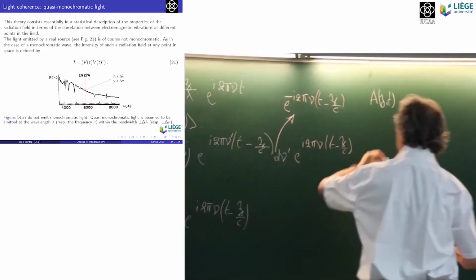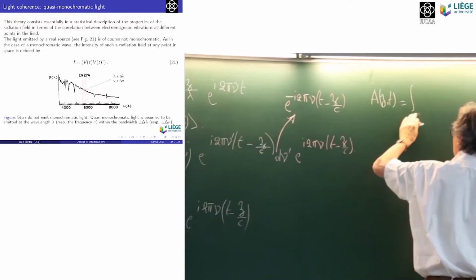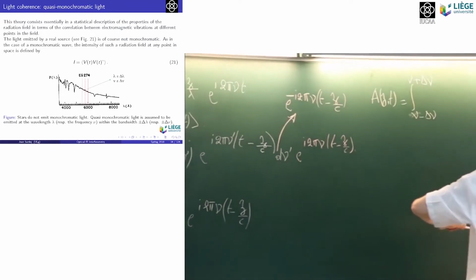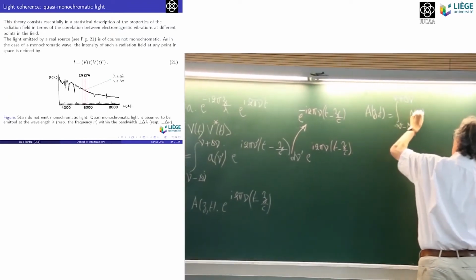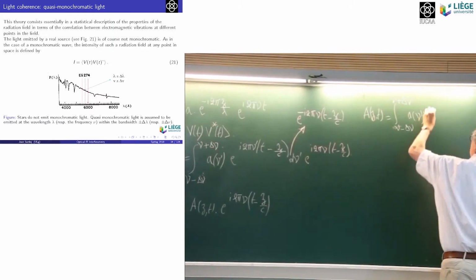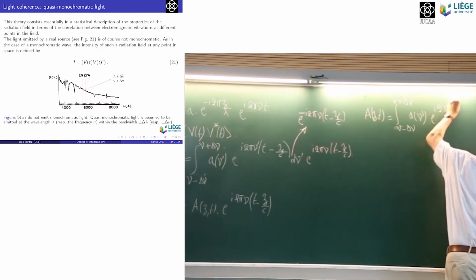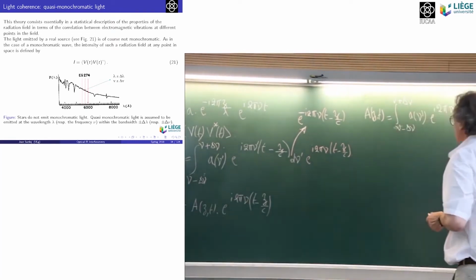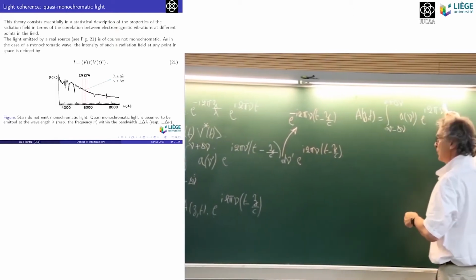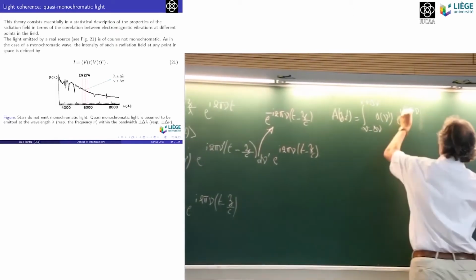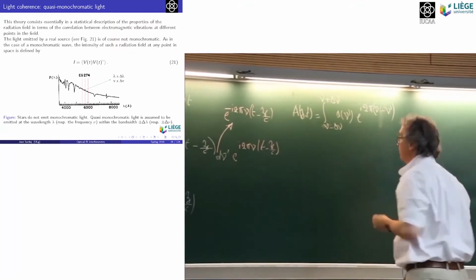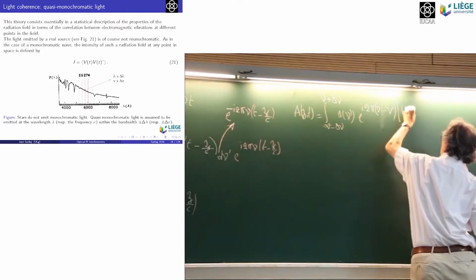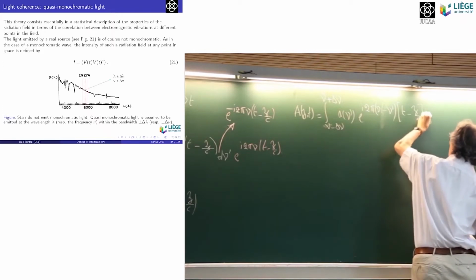So it will be the integration from nu minus delta nu to nu plus delta nu of A of nu prime multiplied by e to the 2 pi i times nu prime minus nu, now multiplied by t minus z over c, d nu prime.